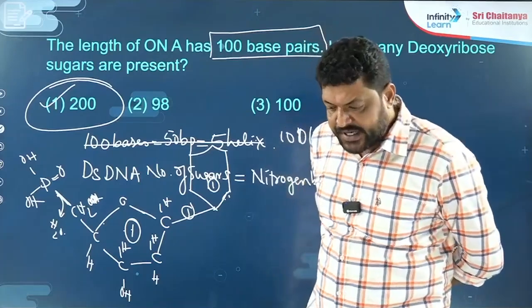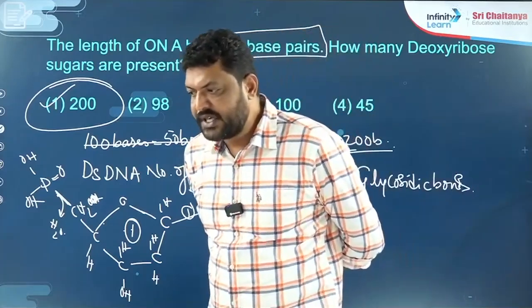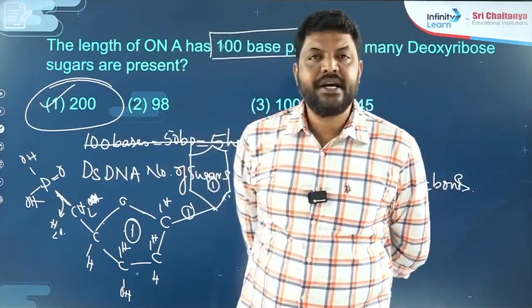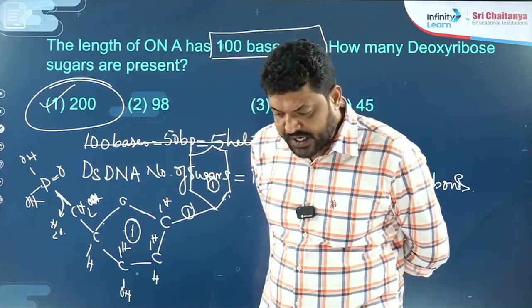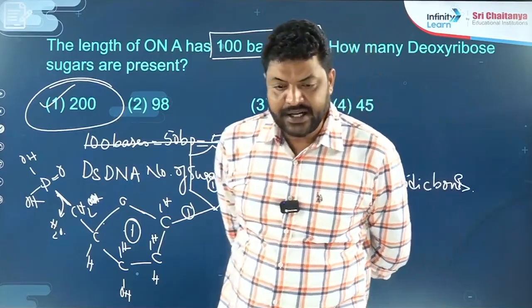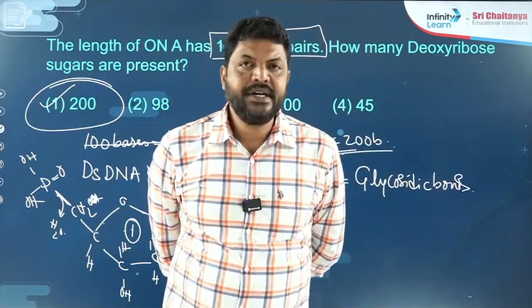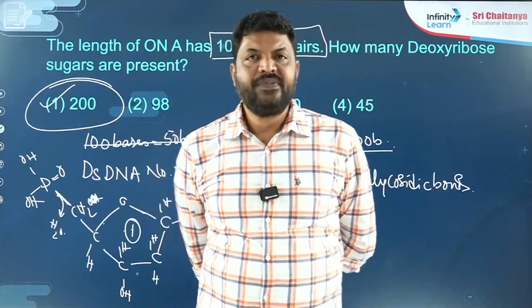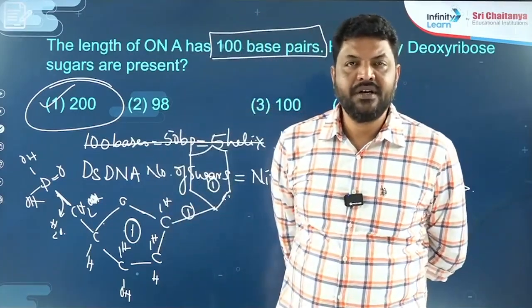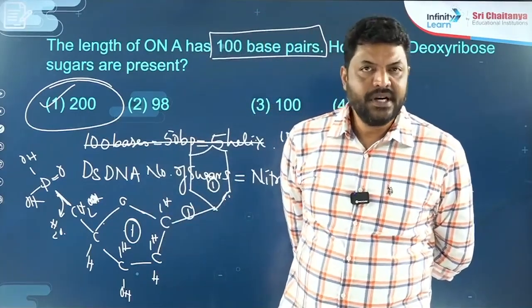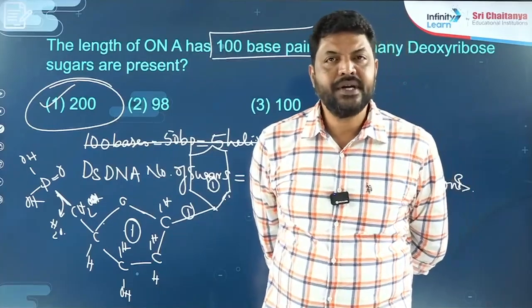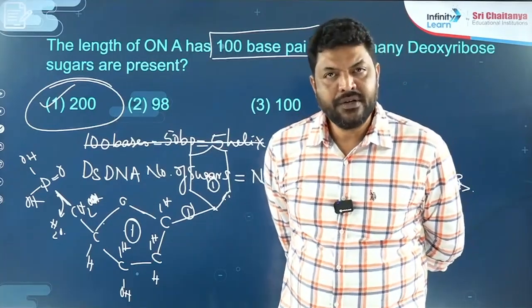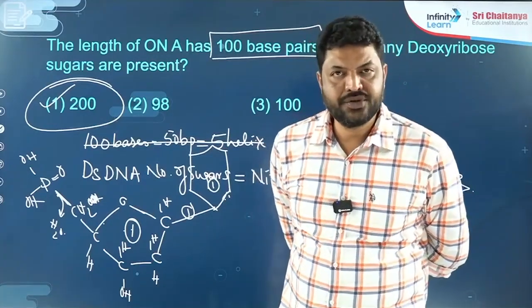I never mean that these are the only questions from this lesson; a large number of questions can be created. For this 40 minutes I have discussed different types of questions so you can understand it. In the coming lessons we will discuss some more numericals. So thank you very much and have a good day.